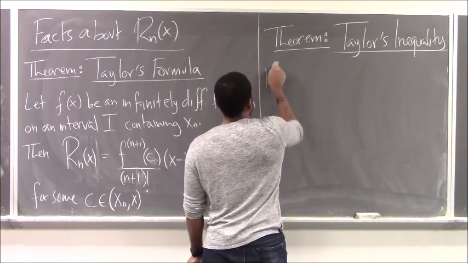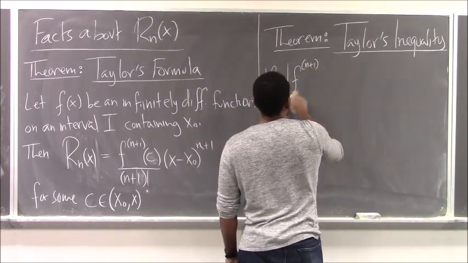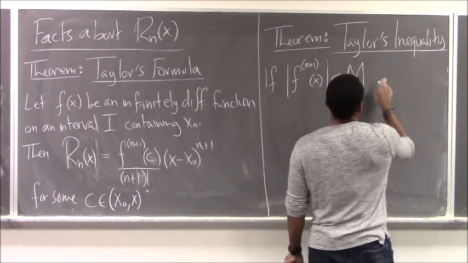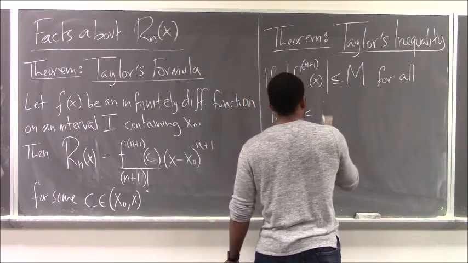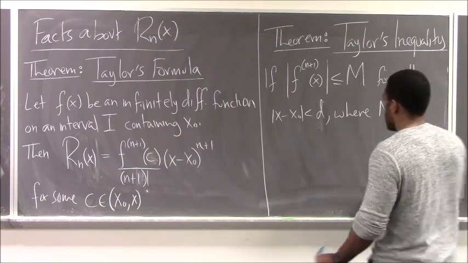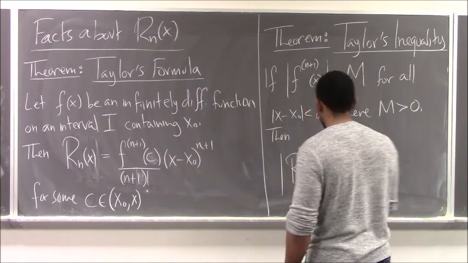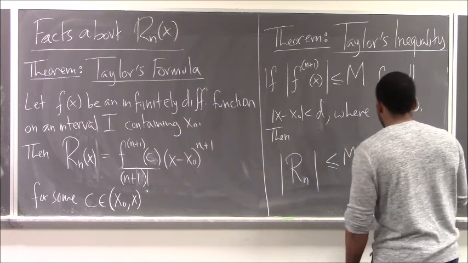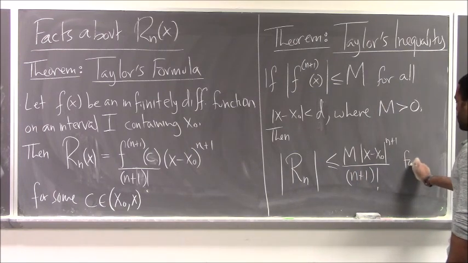So it says the following: if your n plus first derivative is less than or equal to some positive number m for all x with x minus x naught less than d, then the magnitude of your remainder term is less than or equal to m times the magnitude of x minus x naught to the n plus 1 over n plus 1 factorial.